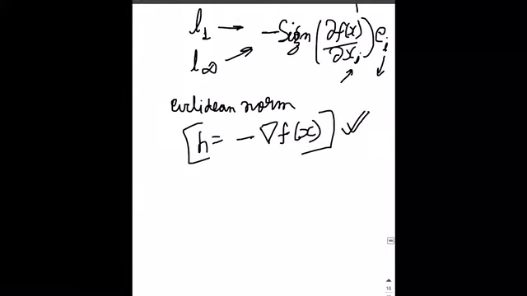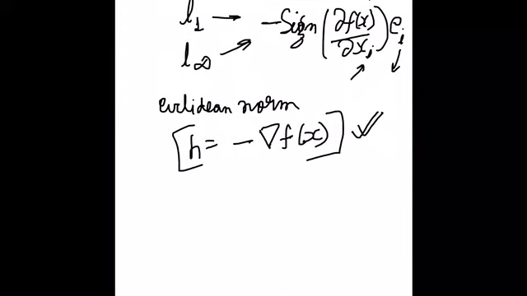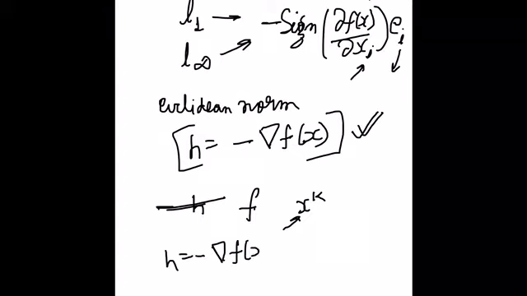So in the steepest descent method, first we find a descent direction, let's say h. We have f, and we have x_k. At this x_k, for this f, we find the descent direction, which is minus h, equal to minus gradient of f of x_k.